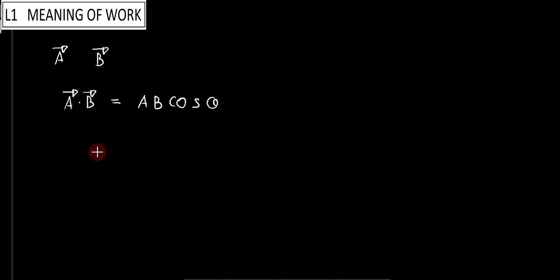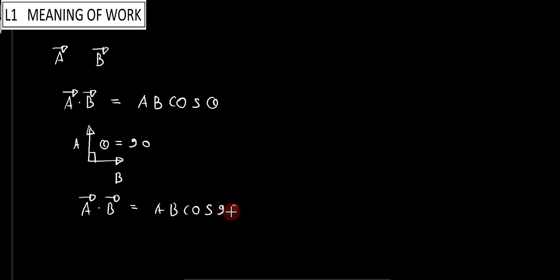Now see, in this A and B, suppose vector A is here, it has this direction and vector B has this direction, and this angle in this case is 90 degrees. Then what happens? This product A dot B becomes A B cos of 90.